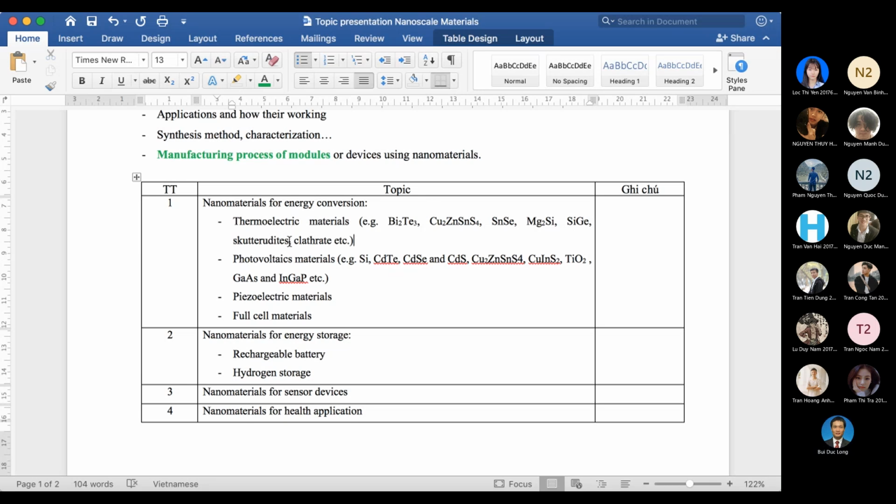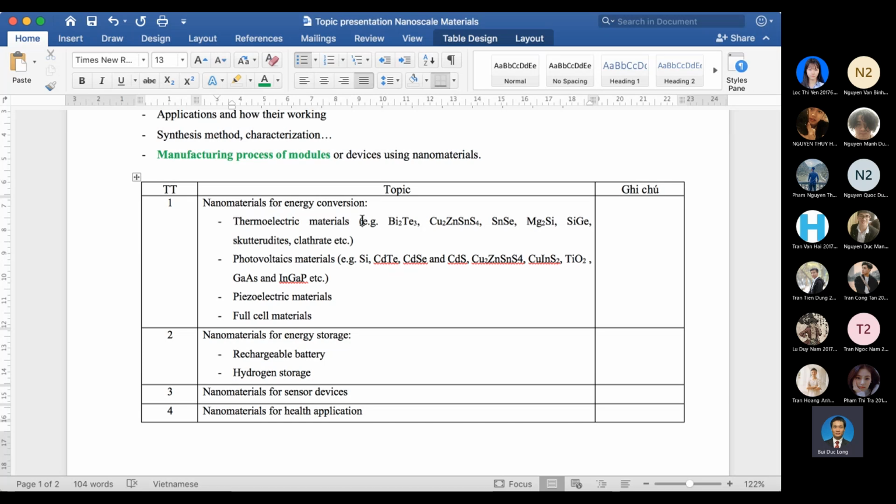Another material group we call skutterudite is also very famous and well known in thermoelectric materials, and glass and so on. So these are materials that can be used for thermoelectrics. You have to choose or find yourself the nanomaterial.